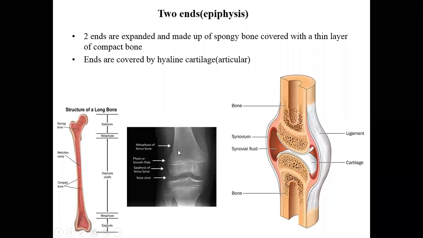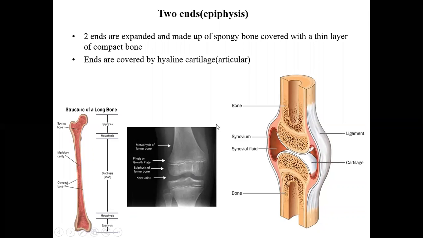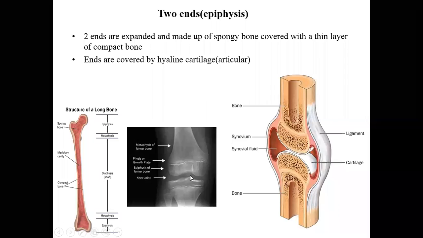In this figure, this is epiphysis. This is again the epiphysis, and here there is a cartilage. Here also there is a cartilage, but the cartilage is not seen in the X-ray because cartilage is not radio opaque. Instead you can see a space there. It is not actually a space here.